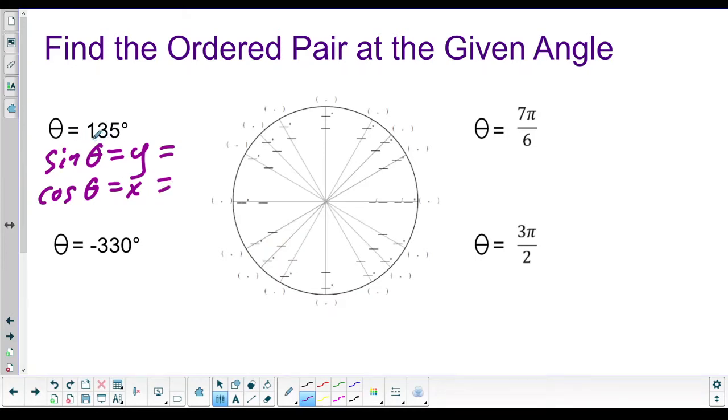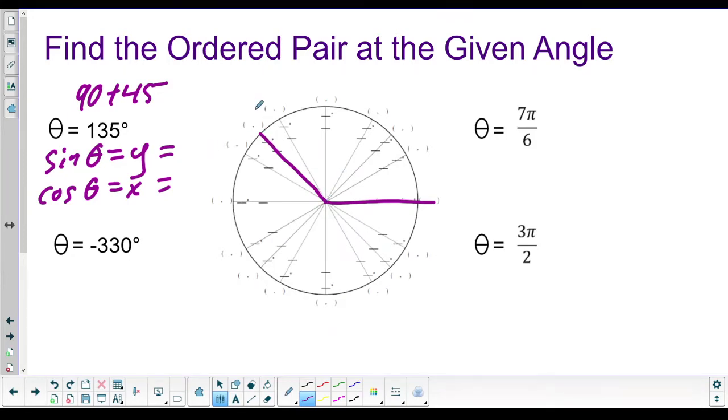Okay, so if we look at 135 degrees, this is 90 degrees plus 45 degrees. So that's going to be the middle one past 90. So here's 90. We're going to go to the middle one past it. Okay, so this is 135 degrees.